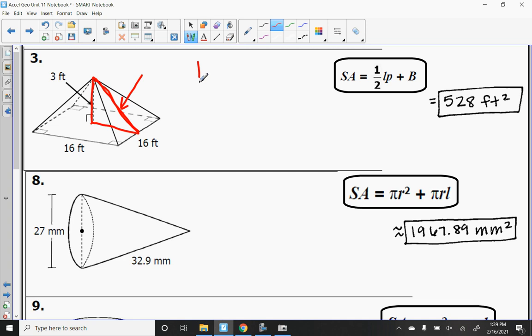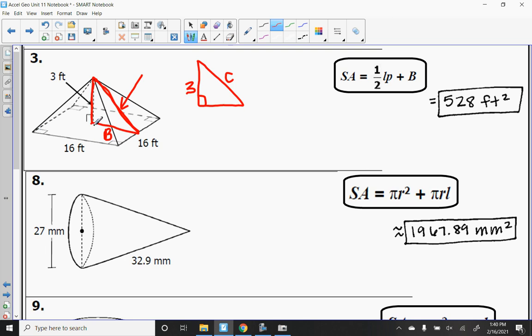So on this triangle, the slanted height is what we need, and that would be C in our Pythagorean theorem. A would be 3, so there's your A squared. The problem with the B part, this part right here, is that it's not 16. The entire side is 16.